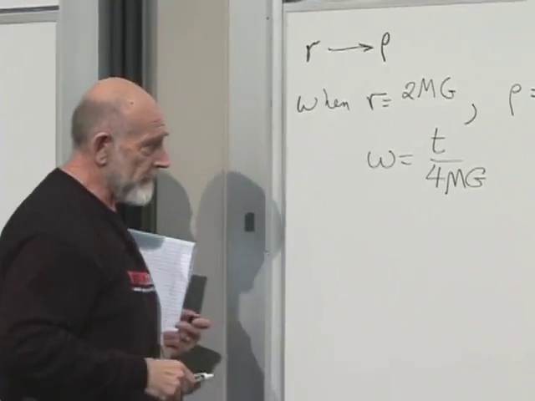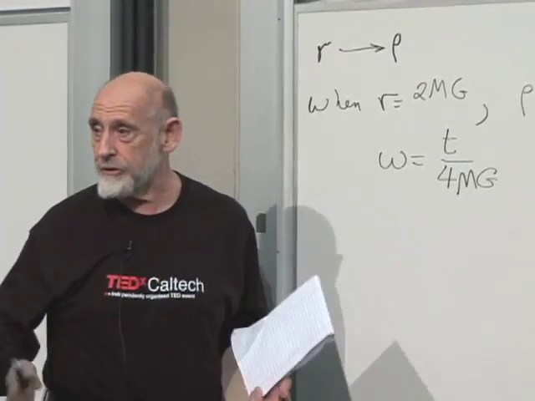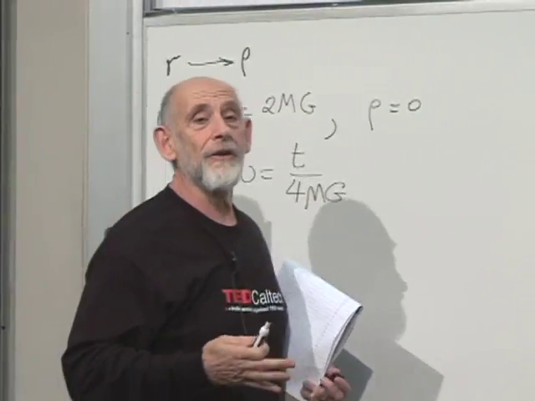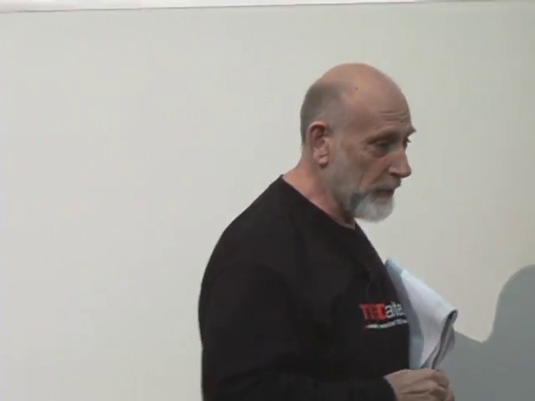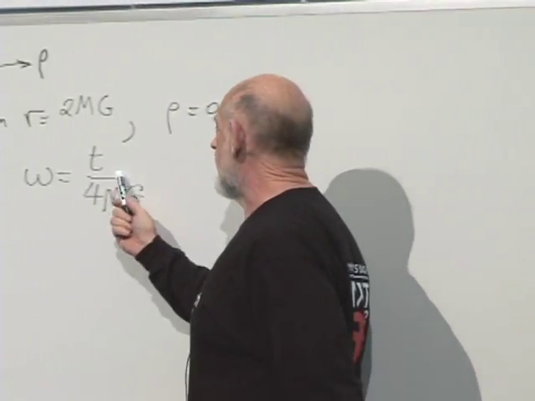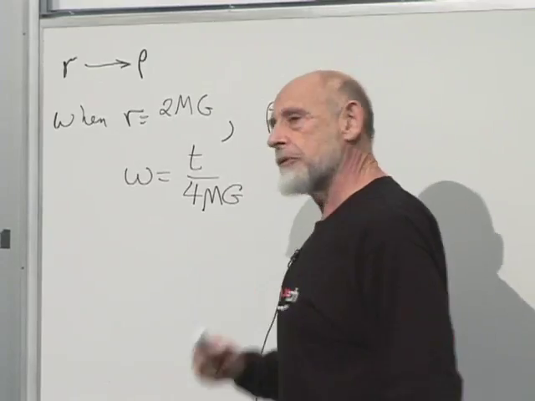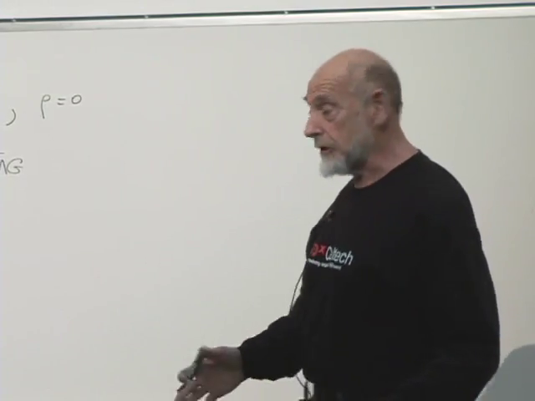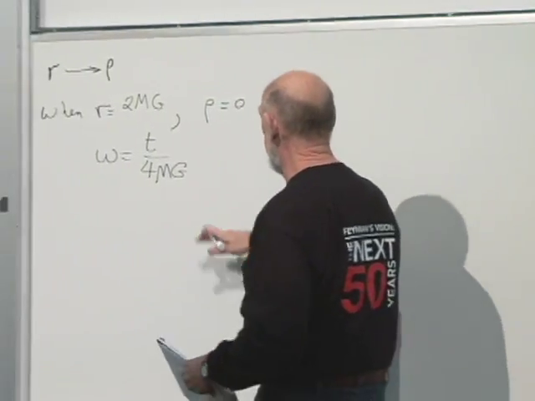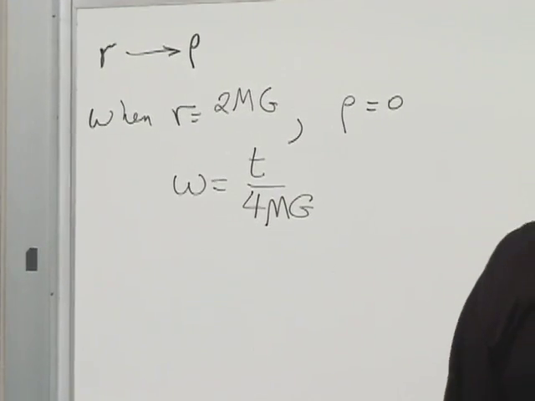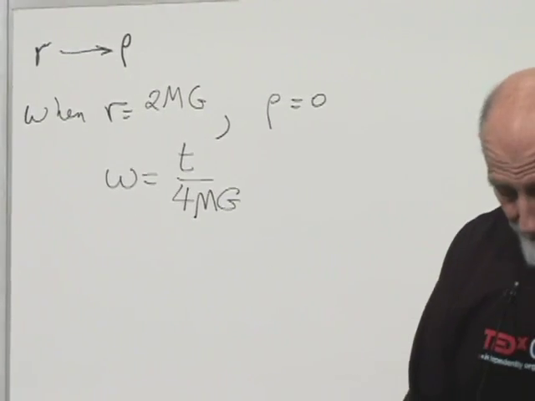Time and length are measured in the same units when c is equal to 1. 2MG is the Schwarzschild radius of the black hole. So apart from a factor of 2, omega is time measured in units of the Schwarzschild radius. That's why it's dimensionless, because it's a ratio of time divided by the Schwarzschild radius. And when we did that, we went through a little exercise.